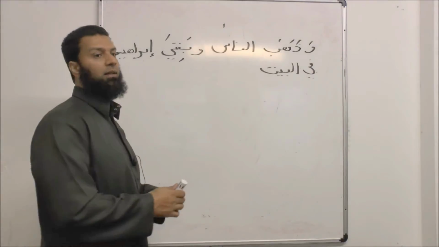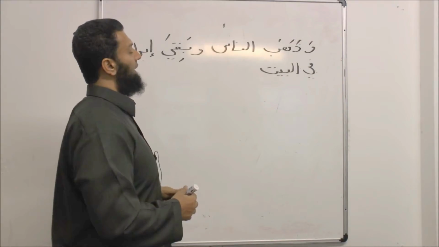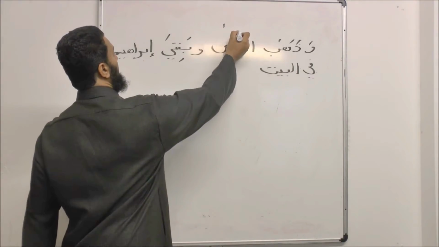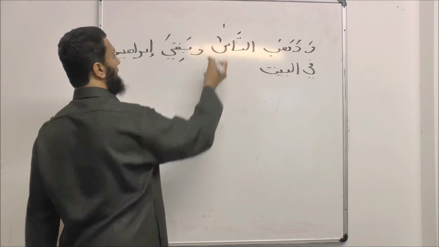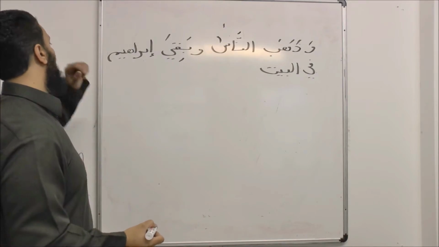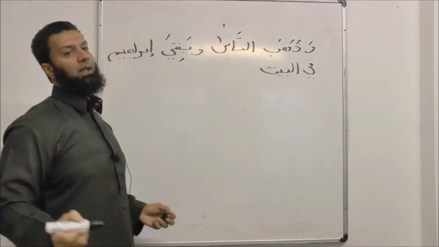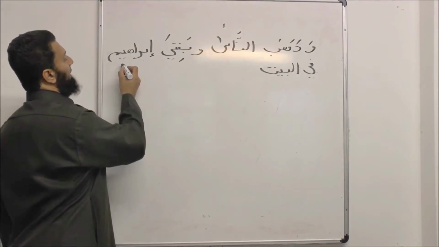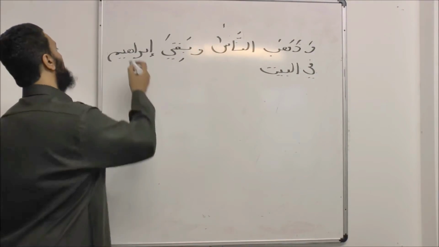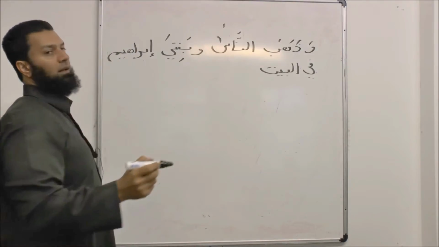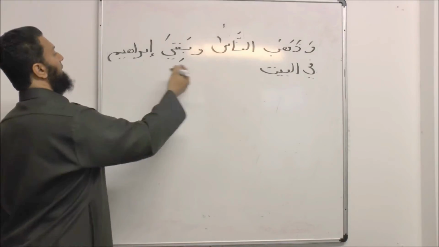Okay? So back to our first sentence, وذهب الناس. ذهب means he went, or he exited. And nasu is therefore the fa'ilun. The fa'ilun is always marfu'un. Wa baqiya. What does baqiya mean? He remained. Ibraaheem is therefore the fa'ilun as well. Wa baqiya Ibraaheem fil bayt.